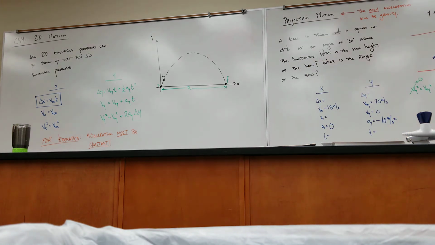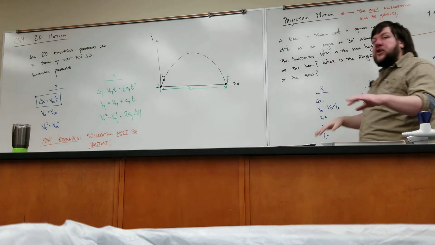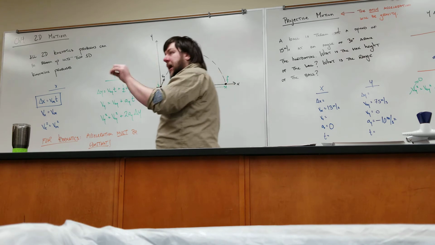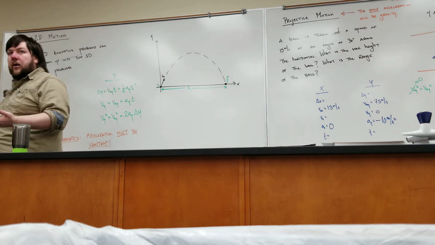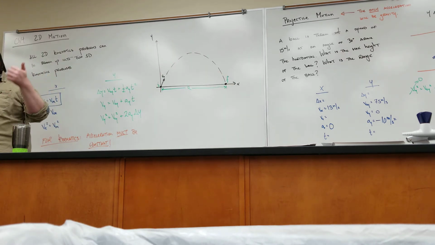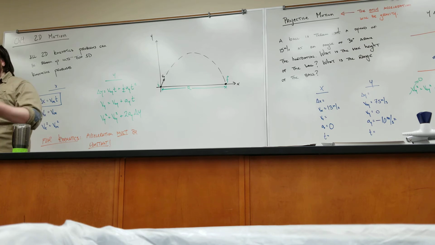Okay? The variable t represents the amount of time that this object is moving through the air. Is there anything in the x direction that limits how long the object can move for? No. There's no natural end to the object's motion because the object is not slowing down.